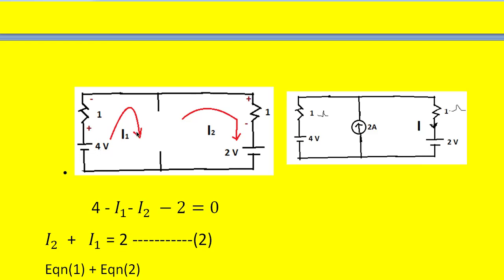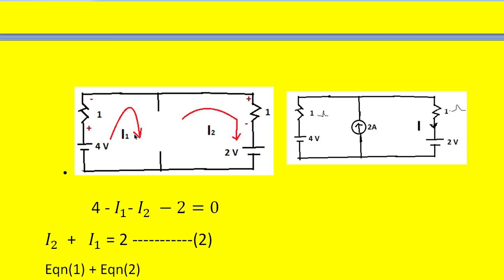In the assumed current direction, that is I1, first enters here and finds the negative terminal. Next we get the positive terminal. So in the assumed current direction, if you find the negative terminal first and then the positive terminal, we call that a voltage rise. And voltage rise polarity is treated as plus. So we put here plus 4.